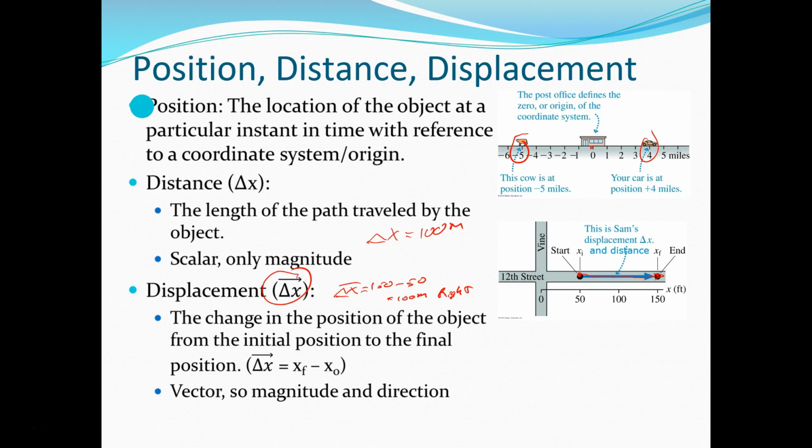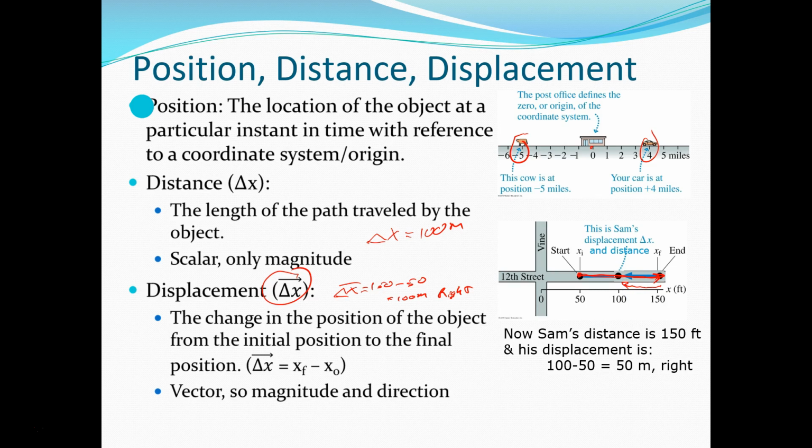Now in this scenario, distance and displacement are the same, but that doesn't always have to be true. Let's look at this next scenario where first, we travel 100 feet to the right, and we get there and we realize, oh my, I dropped my wallet back there 50 feet ago. Now I have to turn back and go 50 more feet.